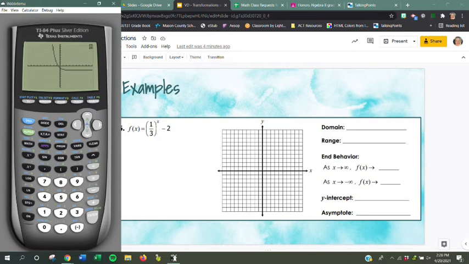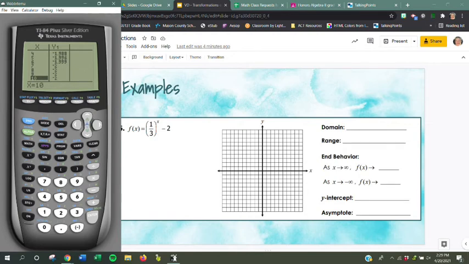Then I want us to go to our table. In the table, something you need to be aware of is that when you go toward the positive direction, these numbers get really tiny or really close to -2, and then they turn into -2. This is deceiving.